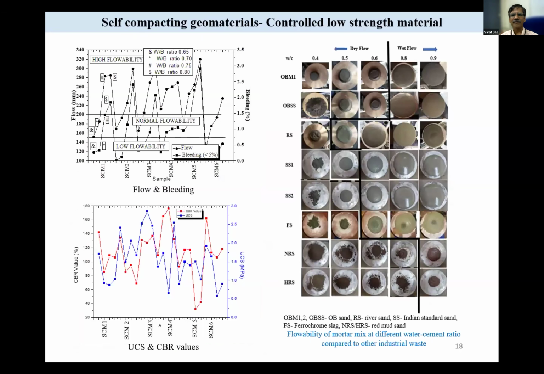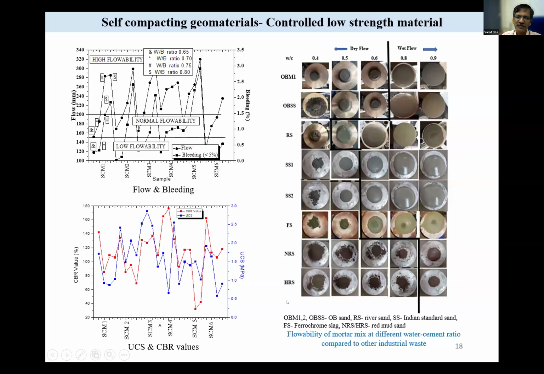And there, more important, again, I wanted to show how this correlates with flowability. The shape of the particles, whether spherical, angular, or subangular, will define how that material will behave, or its workability with different percentages of water content.